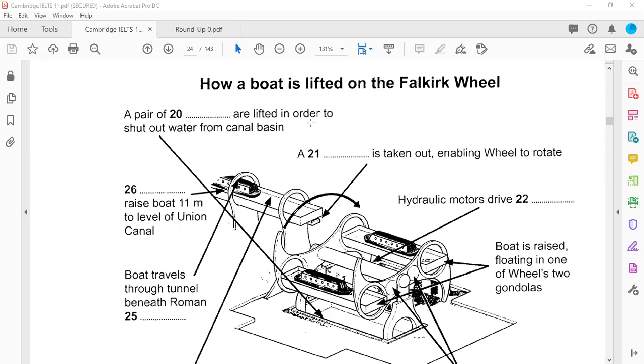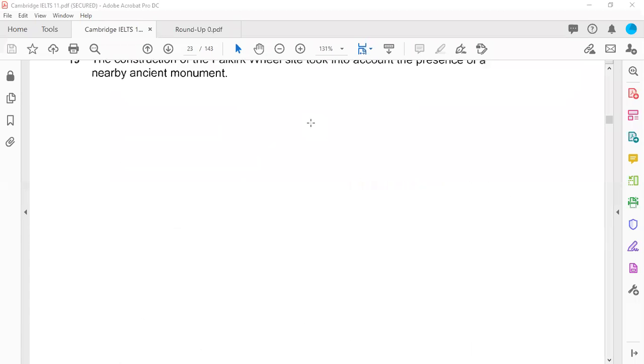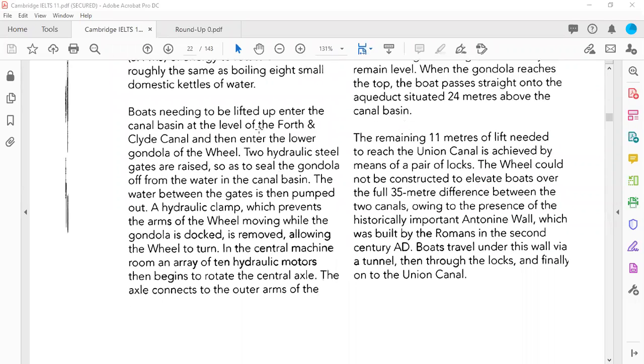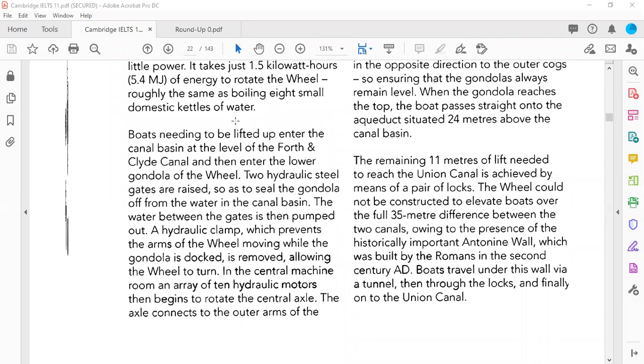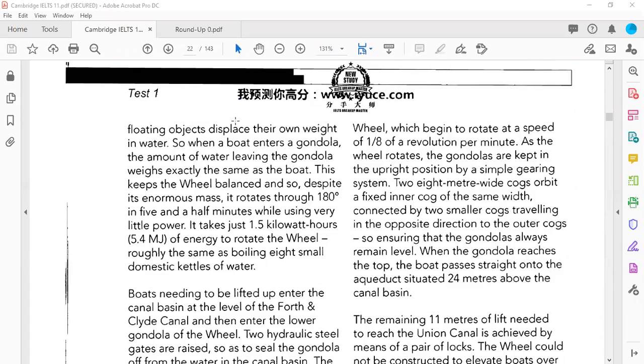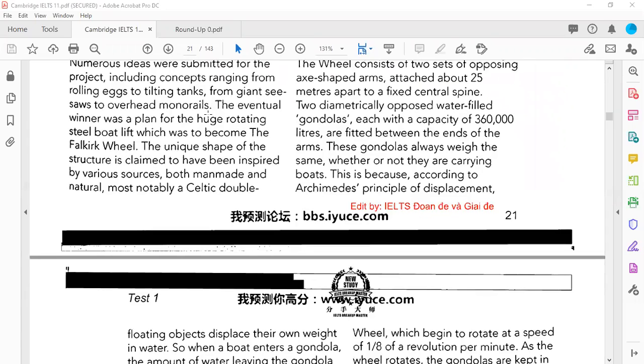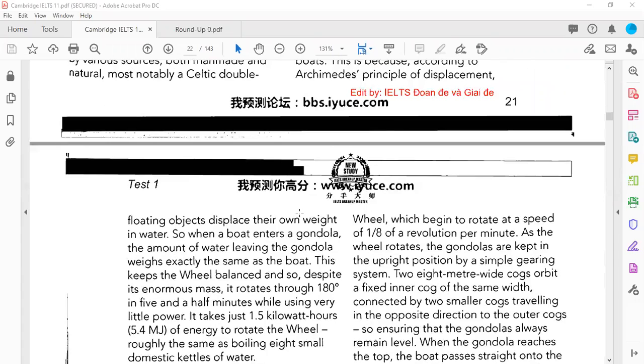Something is lifted. Where does this thing start working? Where's the working part of it? Okay, there we got the gondolas.